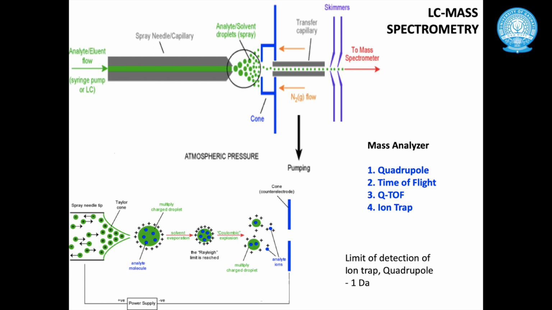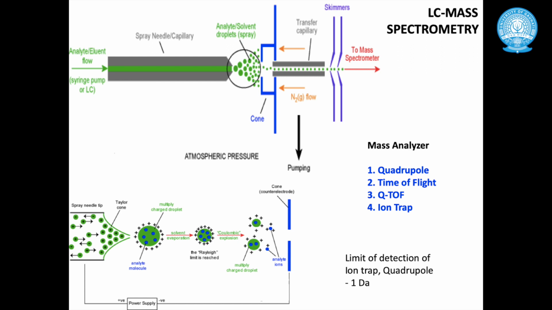The desolvation temperature usually used in these instruments, particularly mass spectrometry coupled with LC, is around 250 or above; mostly it is 300 to 350 degrees Celsius.